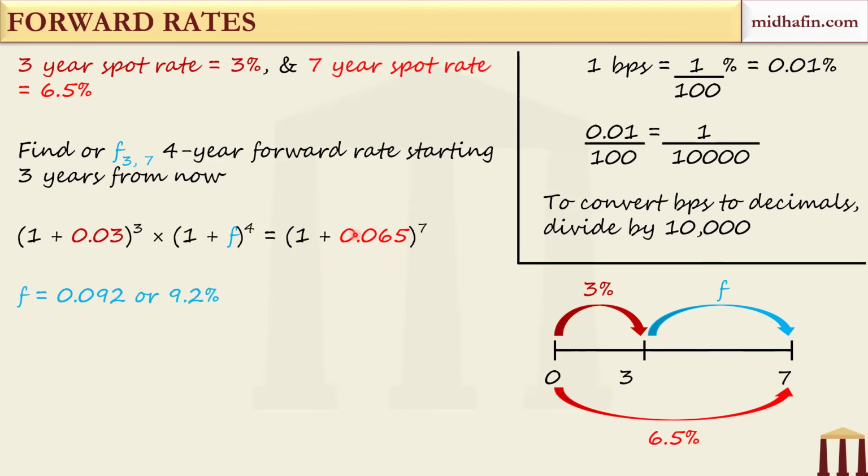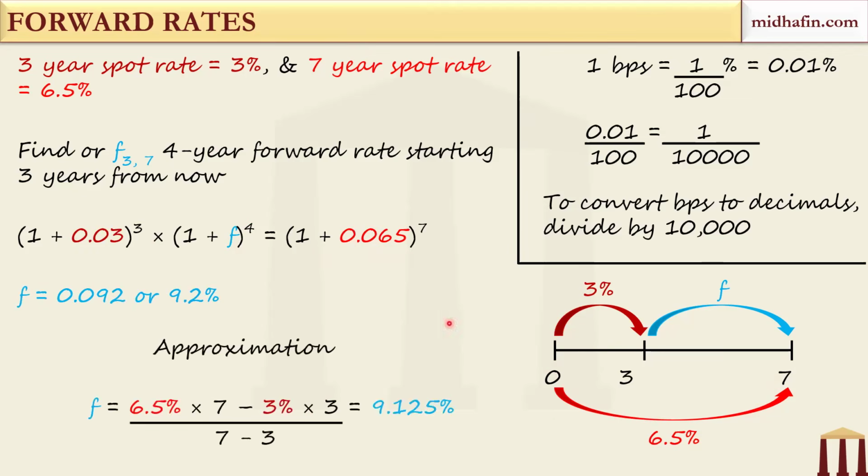Okay. There is an approximation also to it. The approximation is this: R2 T2 minus R1 T1 divided by T2 minus T1. This is an approximation. Okay.